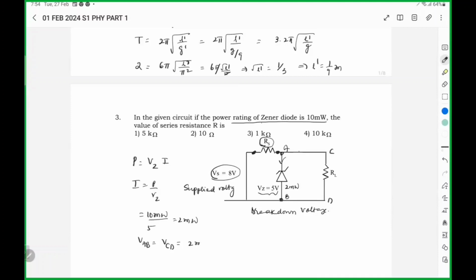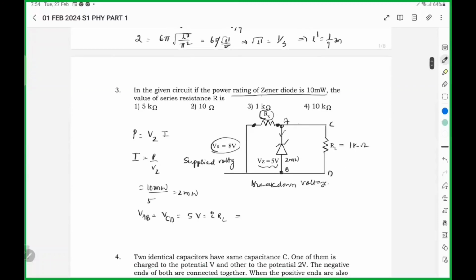This is 5 volts, which is equal to I into RL. Here the RL value is given as 1 kilo ohm. So from this, I will be 5 by 1 kilo ohm, that is 5 into 10 power minus 3 amperes, 5 milliamperes.